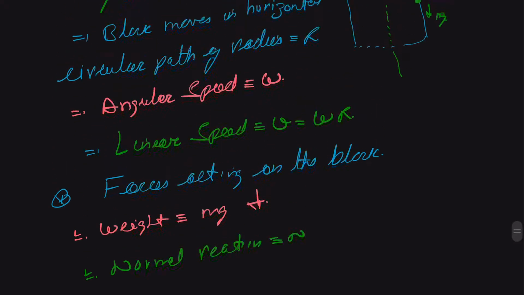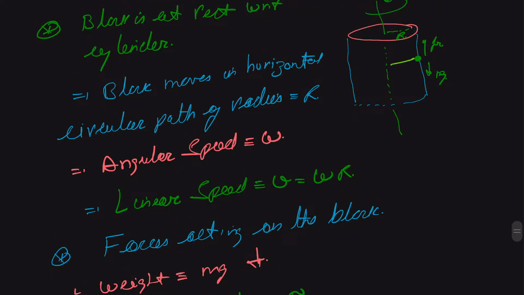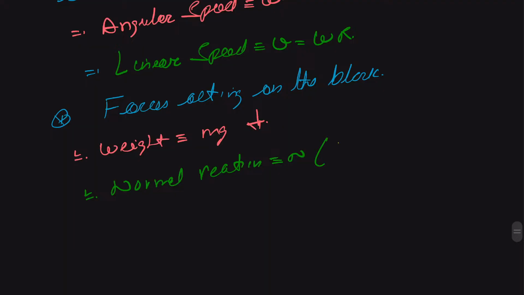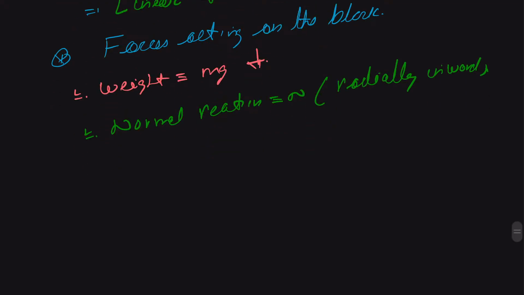So we have the normal in this direction, radially inward. And finally, we have a friction force F, which will be acting vertically upward.